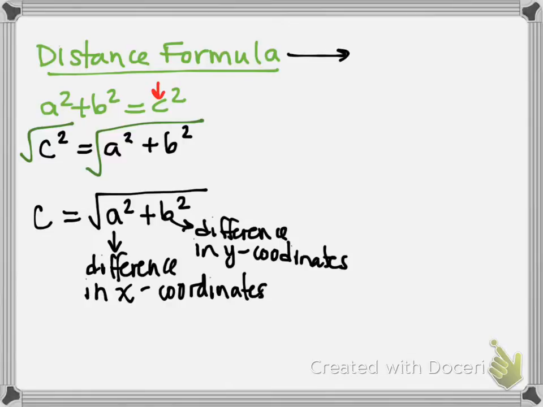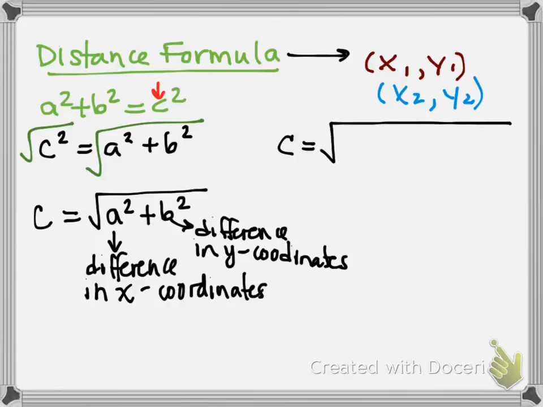If your two ordered pairs are (x sub 1, y sub 1) and (x sub 2, y sub 2), we've dealt with those before, now c is our distance. We're going to take the square root. But what I need to do is figure out the difference in the x coordinates. So I'm going to have x sub 2, and I'm going to subtract from it x sub 1.